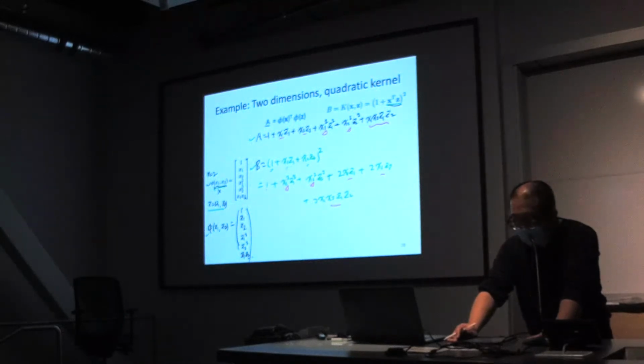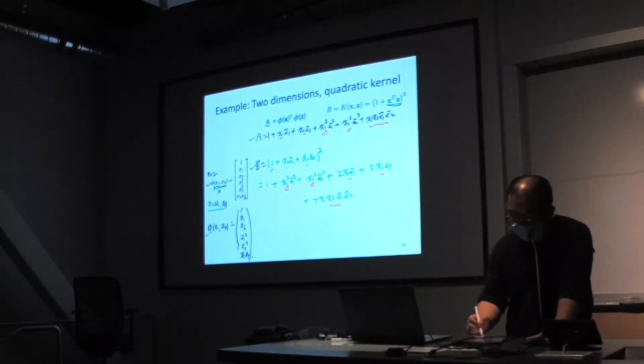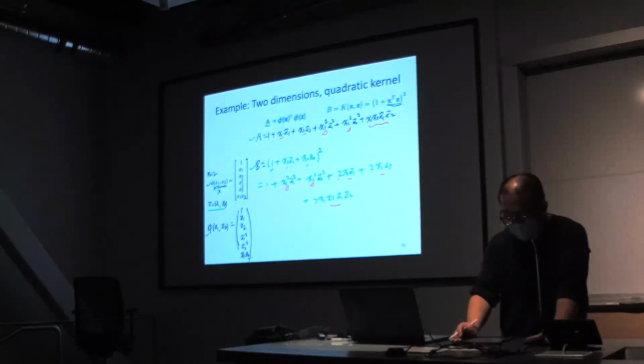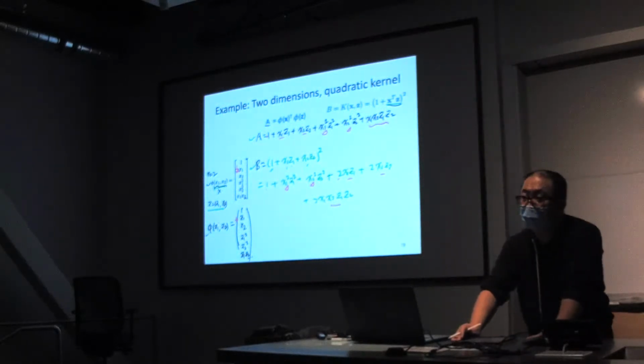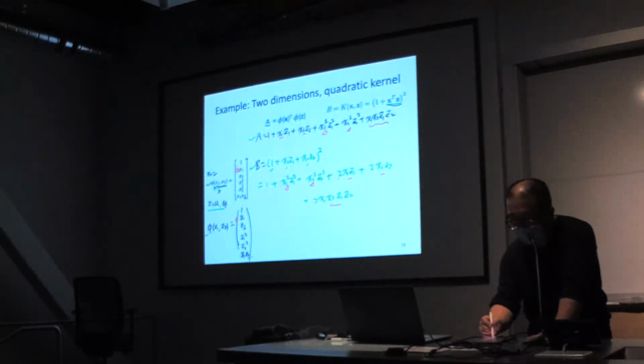They're the same except that the coefficients are a little bit mismatched. But this is very easy to fix because you can adjust your feature mapping. Like here, you can put a square root here and a square root here, and correspondingly, when you take the inner product of phi of x and phi of z, it will be exactly the same as B.